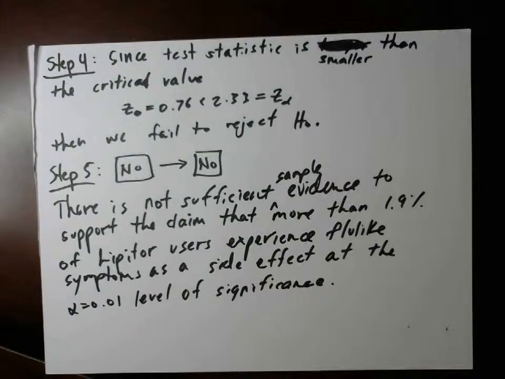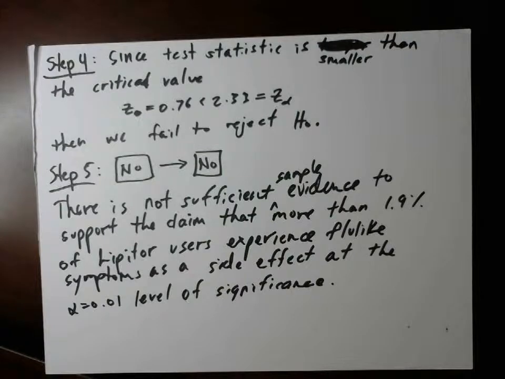So there's not sufficient sample evidence, and that's telling you that you are in the middle of the distribution, of the bell curve, and that's in the fail to reject region. So whenever you have a fail to reject, you say there is not sufficient evidence.